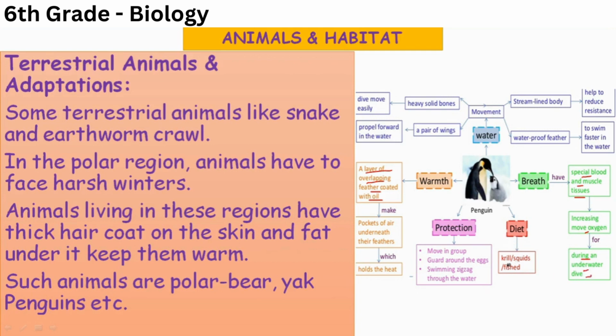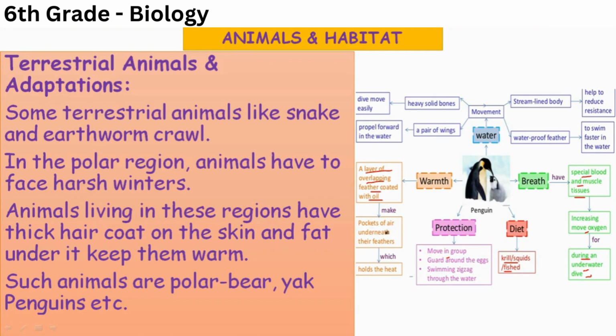They eat a diet of krill, squids, and fishes. They have high protection. They move in groups and guard around the eggs, swimming zigzag through the water. These penguins are flightless birds present in the polar region.